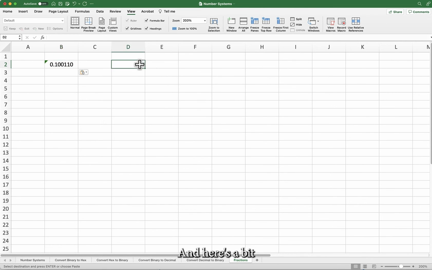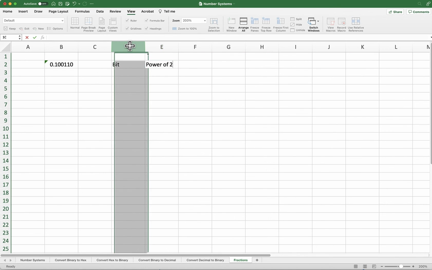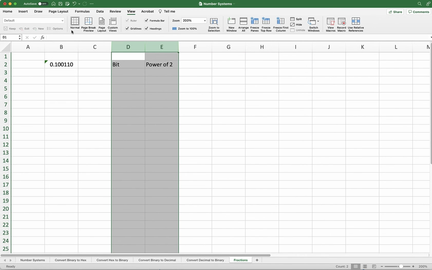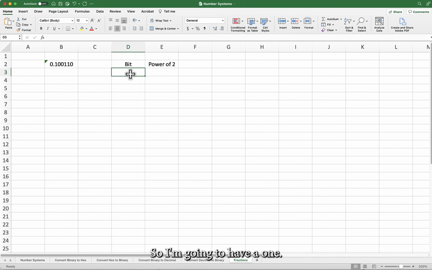And here's a bit. And then this is power of 2. And let me center this. And so I'm going to have a 1. Well, this is the negative first power of 2.